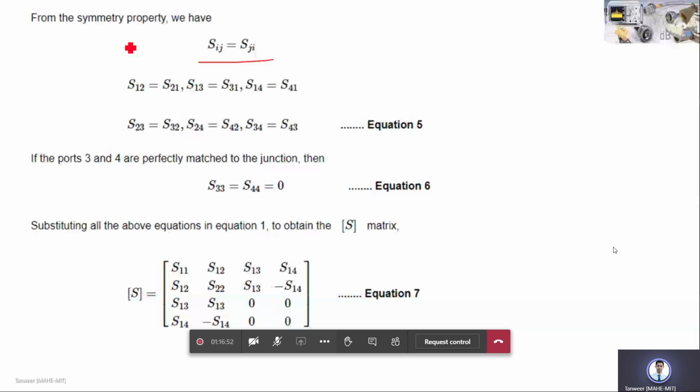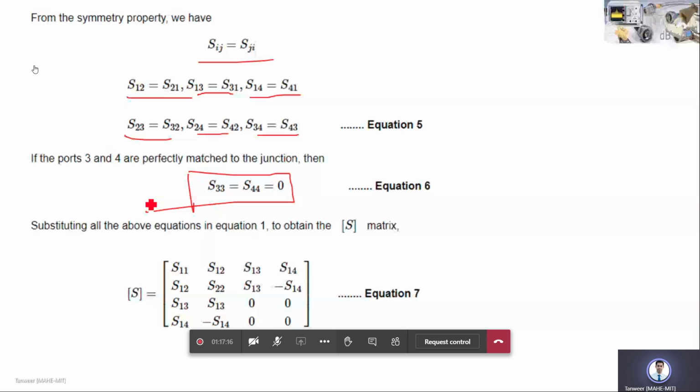So here what you will get? S12 is equal to S21, S13 is equal to S31, S14 is equal to S41, S23 is S32, S24 is S42, S34 is S43. Now considering two ports are completely matched, S33 and S44, E and H plane ports are completely matched.